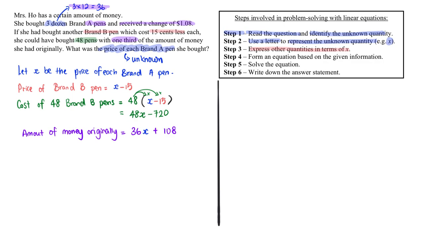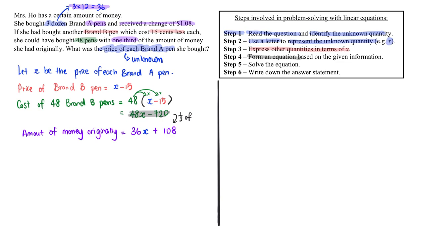And now I'm going to form the equation now. Alright, I'm going to form the equation because I know 48 brand B pens cost 1/3 of this. So what does this mean?